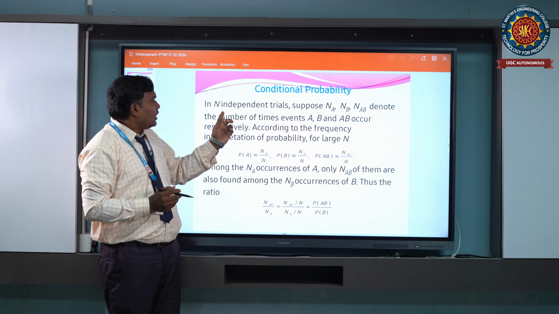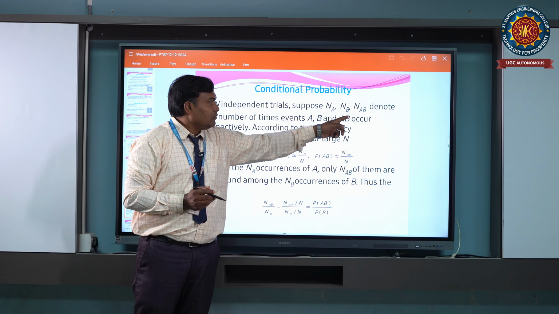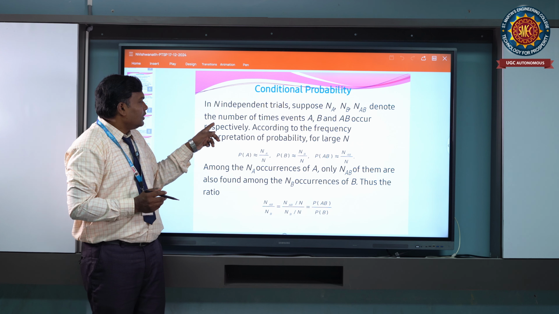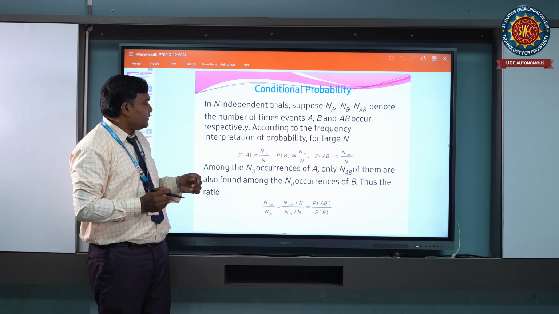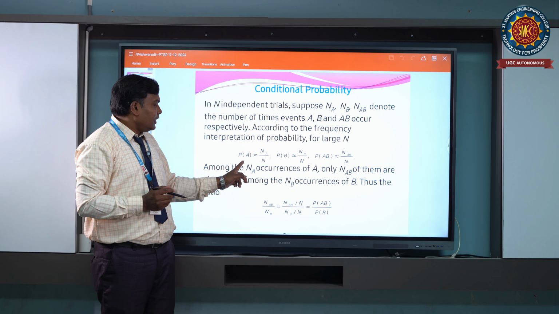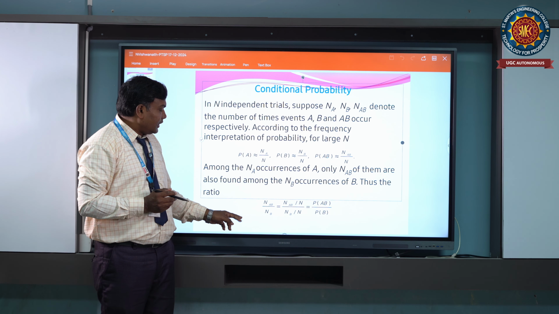Here we consider independent trials with NA, NB, NAB, the numbers of occurrences of events A, B, and AB respectively.